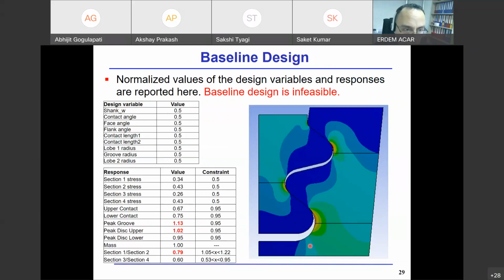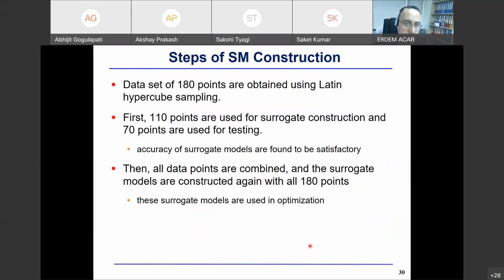In this 4-3 problem, the company gave us a baseline design, and our finite element simulations declared that this baseline design was infeasible. Then we generated 180 points using Latin hypercube sampling.